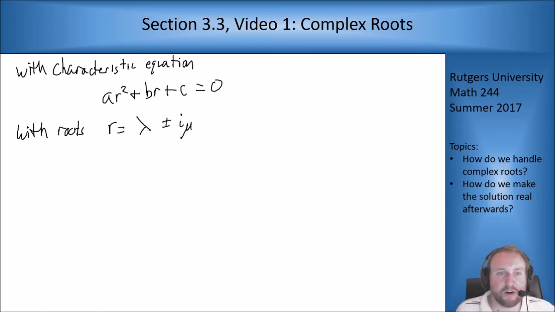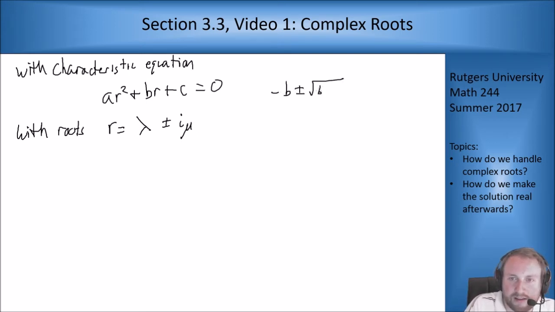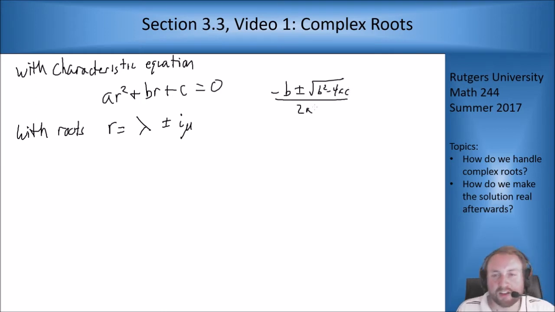So lambda is the real part of the roots, and mu is the imaginary part up to this plus or minus sign. If you write the formula, you'll see they have to come in this type of pair because the quadratic formula tells us this: negative b plus or minus the square root of b squared minus 4ac, over 2a. If b squared minus 4ac is less than 0, the only place you get an i is after that plus or minus, and it's going to come in a plus part and a minus part, so it's going to come in a conjugate pair.